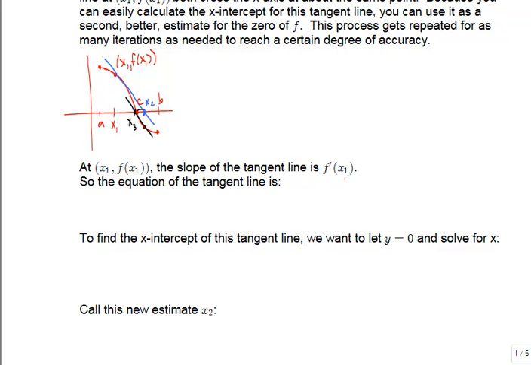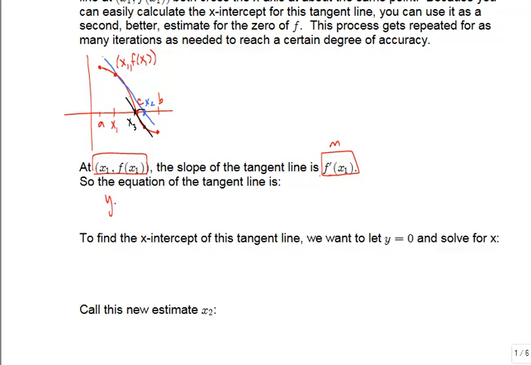So what would be the equation of the tangent line at (x sub 1, f of x sub 1)? So what's the equation of this blue line, essentially? Well, we know it goes through this point, and we know it has this slope. This is the m. So I have a point and I have a slope, so I can use point-slope form.